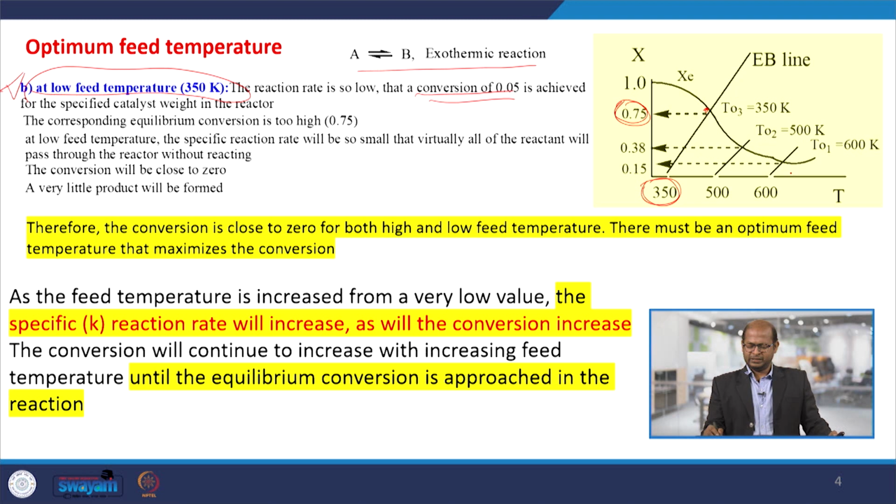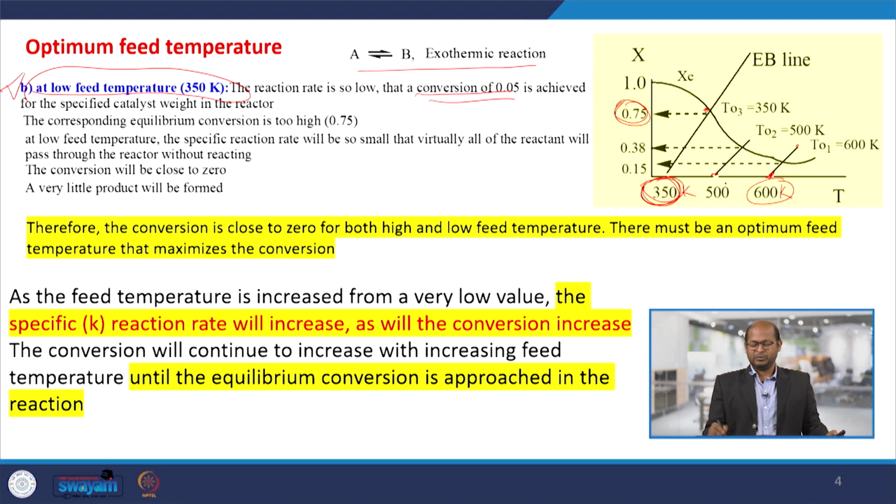So these temperatures may not be suitable. When we started with 600 Kelvin, the reaction reached equilibrium very fast, and when we started with a very low feed temperature, the conversion is very low, and there is a big gap between the conversion and the equilibrium conversion. That temperature is also not suitable.